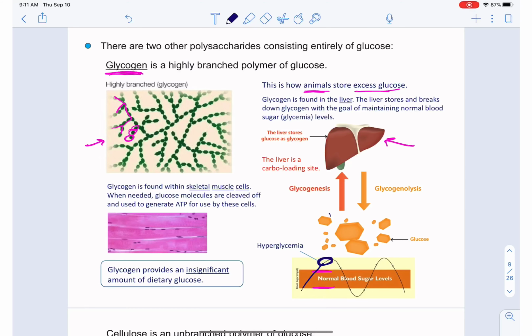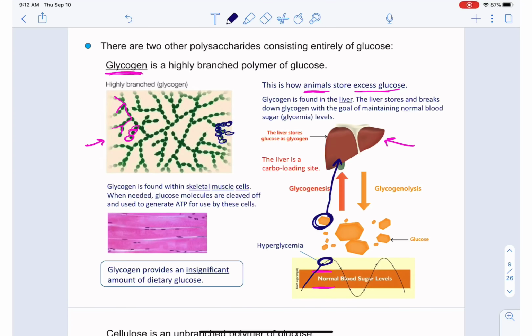So we have this excess glucose. This glucose is taken up by the liver, and the liver links those individual glucose units together, and it makes glycogen.